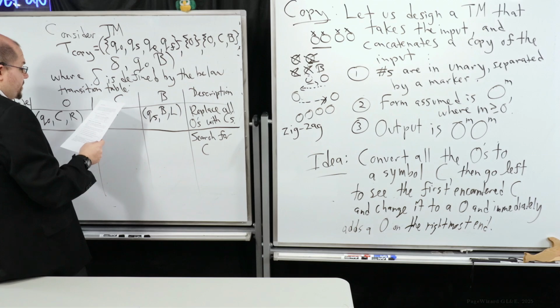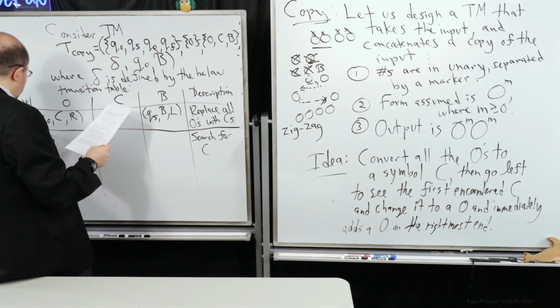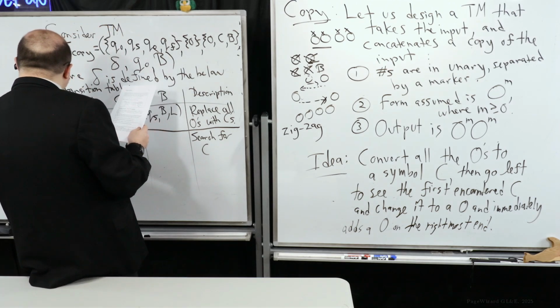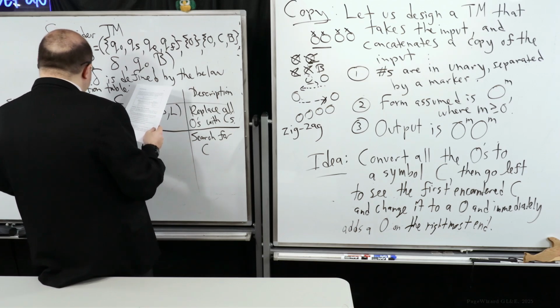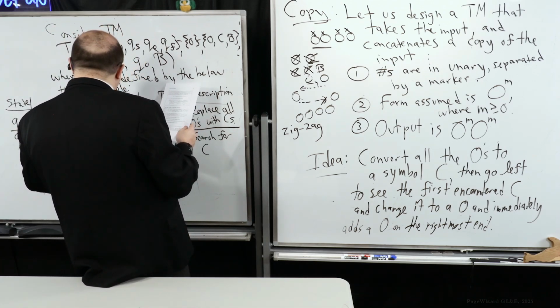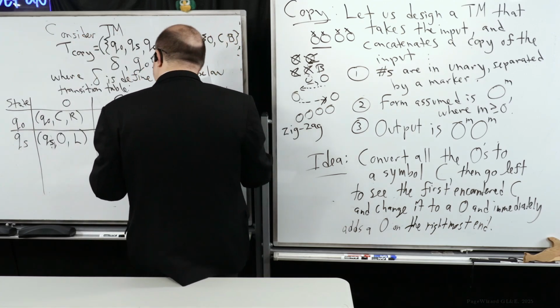We want to hit a C, but we might run over some zeros while we're there, so let's make sure we stay in this searching state. We leave the zeros as they are and continue going left if we see a 0. If we see a C, that means we now need to pair it off, so we go into the go-to-the-end-and-add-a-0 state.